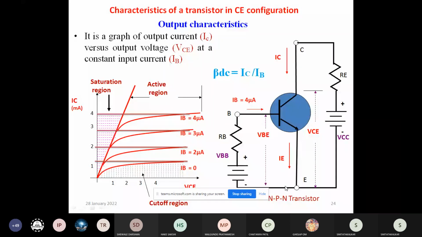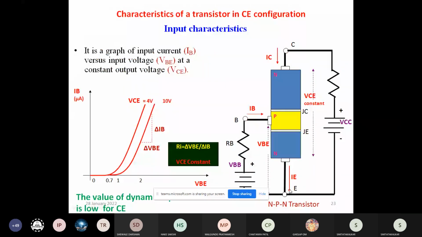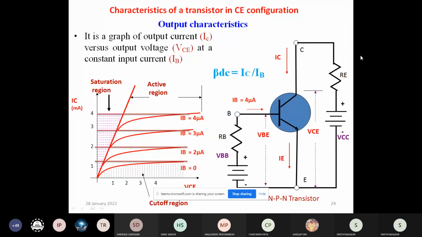On the output side, current is supplied from the negative terminal. In the first diagram this is also negative, that's why VCE is constant there. The output collector emitter voltage is constant in the input characteristics, but in the output characteristics it is open, and current flows through the base terminal.